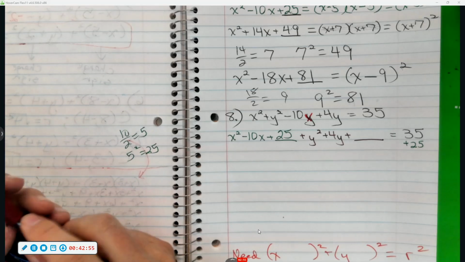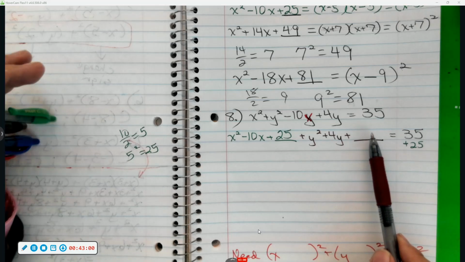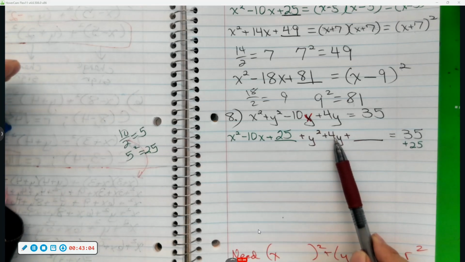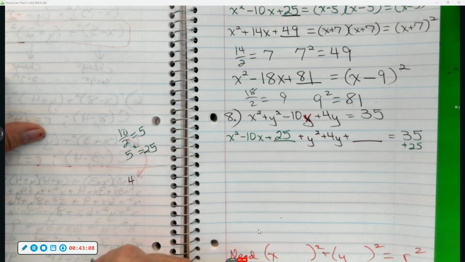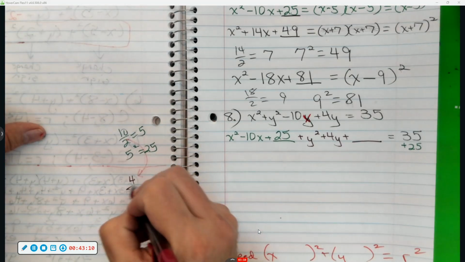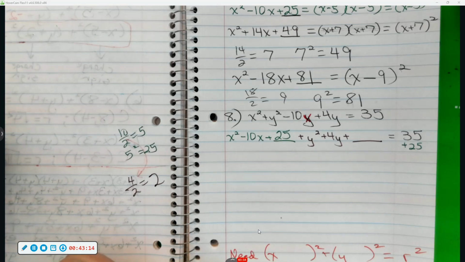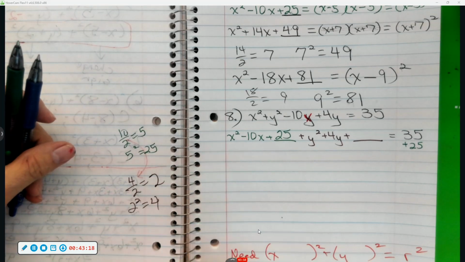Now the y terms. What number am I going to put here beside the y squared plus 4y? Perform the two steps. You start off with this 4. You take half of it. 4 divided by 2 is 2. And then square it. 2 squared gives us a 4.